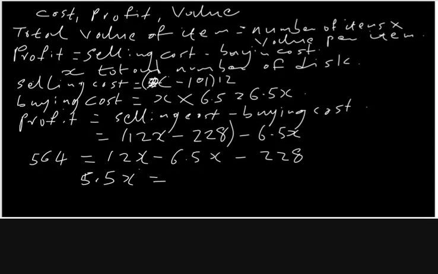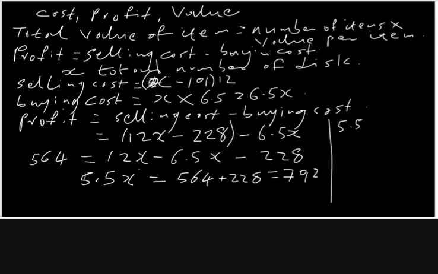So 564 plus 228 will give us 792. So 5.5x is equal to 792.